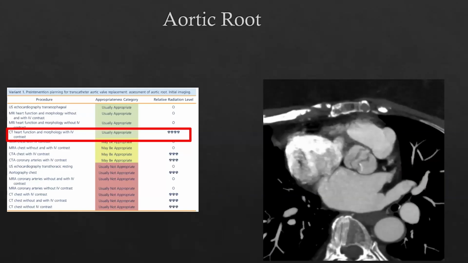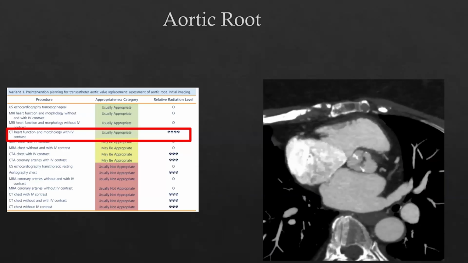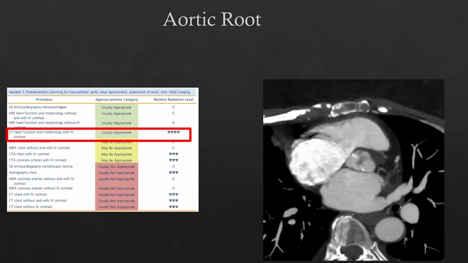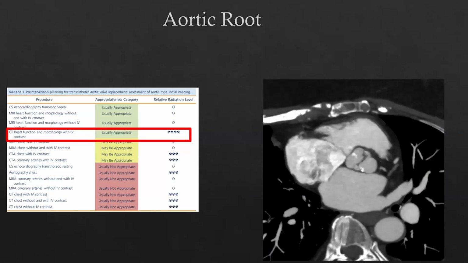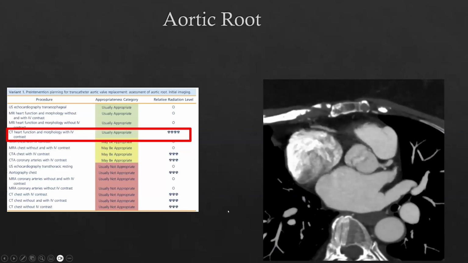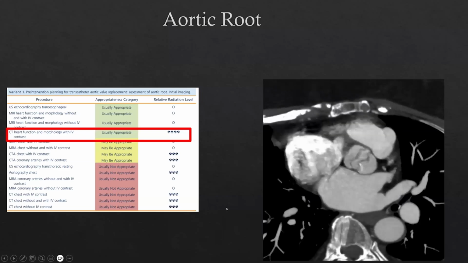We can play a movie and see the functional anatomy of the valve itself. We can look at the calcifications. And importantly, we want to make sure that we get a good image of the valve in systole, which I'll get to in a couple slides, but it's important to get that systolic image.